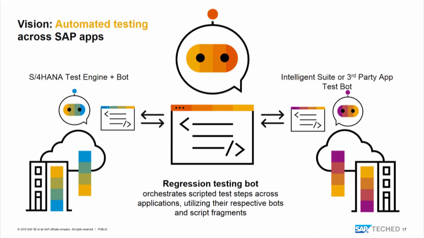We're trying to change that and make sure that after any upgrade, you will be able to automate all of your S/4HANA Cloud related scenarios, whether they're all within S/4HANA Cloud or integrated with other SAP and third-party applications. That should help, and I hope we're doing the right thing here.